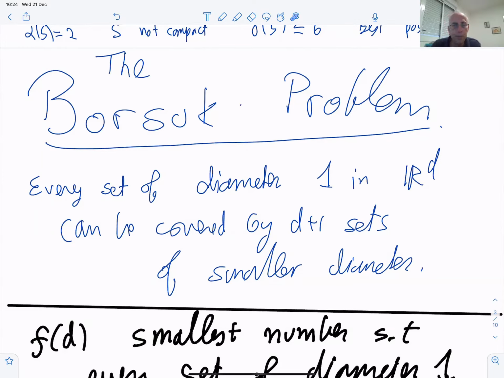Okay. Gil, this question that you ask is not known even in very low dimensions? Okay, I don't want to commit myself to anything about dimension 1.